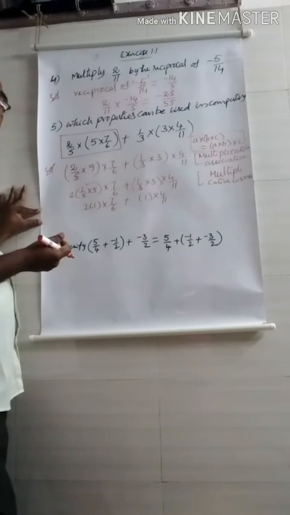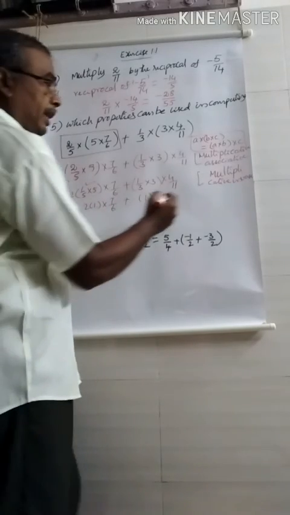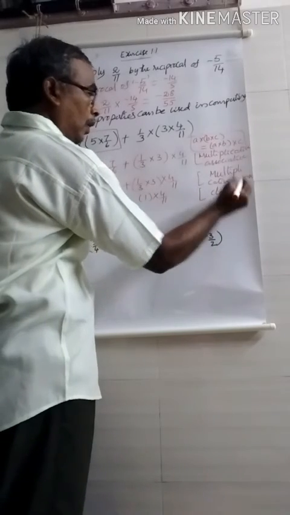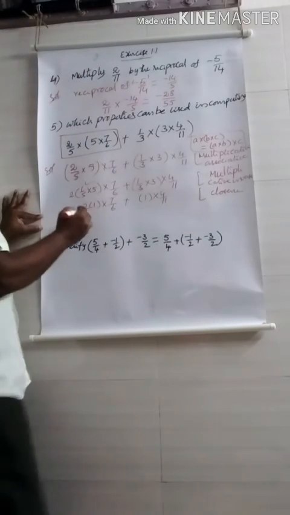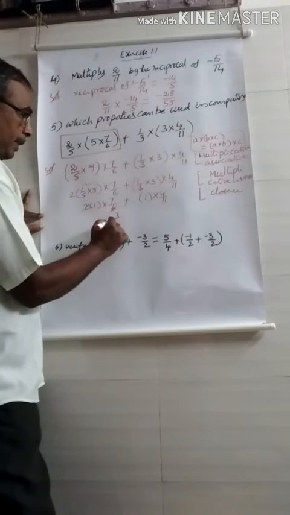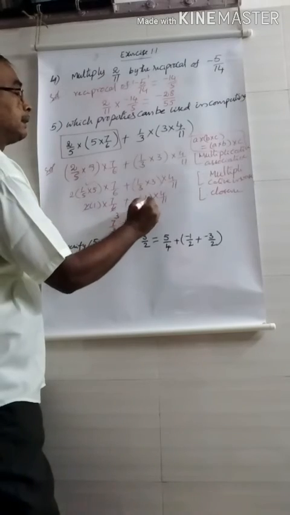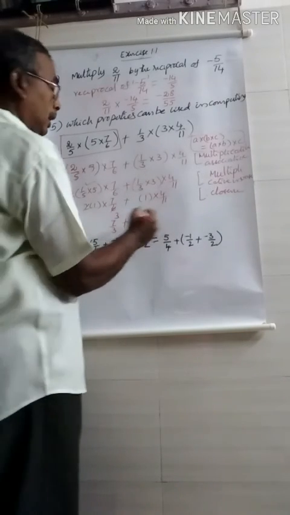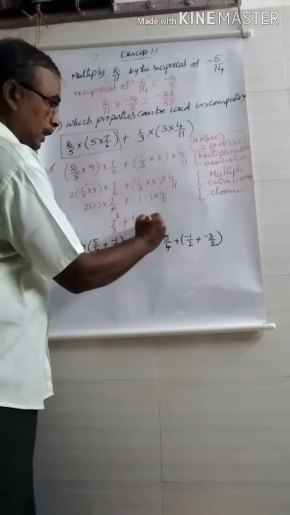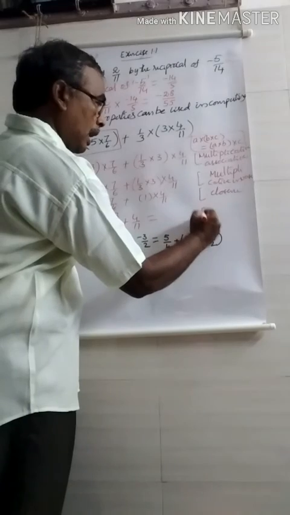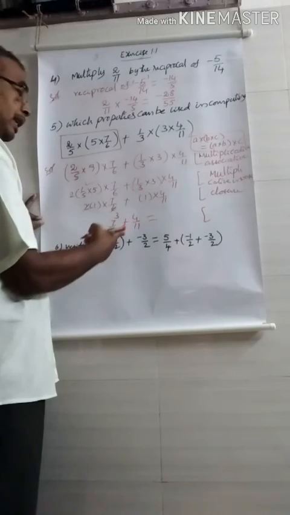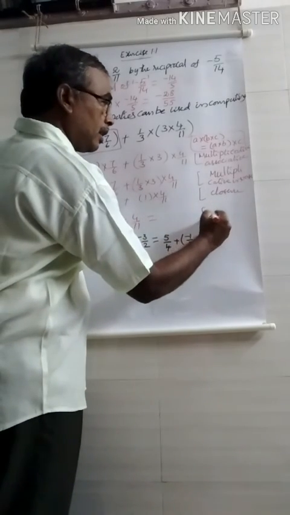Now 2 into 7 by 6 means closure property. Closure property under multiplication. 2 ones are 2, 2 threes, 7 by 3. Yes. 4 by 11. Here what we did is closure property. Each one is closure property under multiplication. This one is closure property under addition.